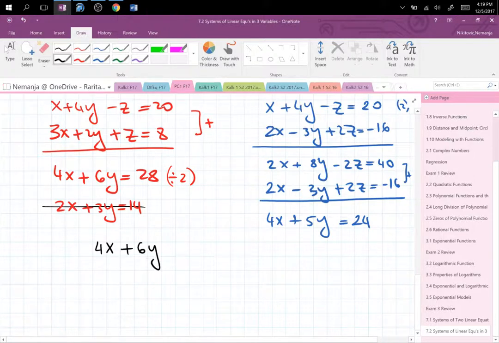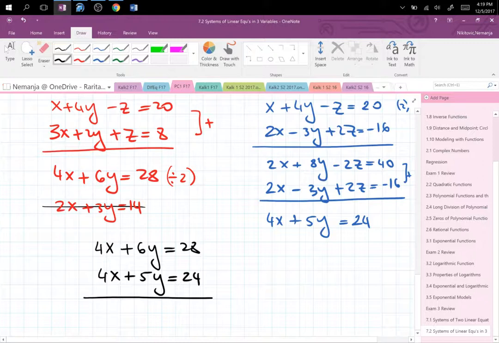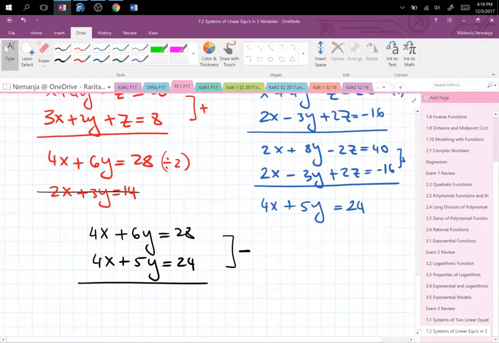Now, you don't have to multiply by -1. What you can do is simply subtract equations. That works as well. So 4x minus 4x goes away, and we have y equals 4 immediately.